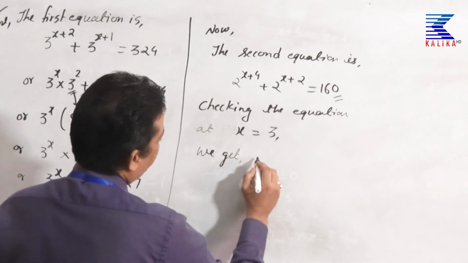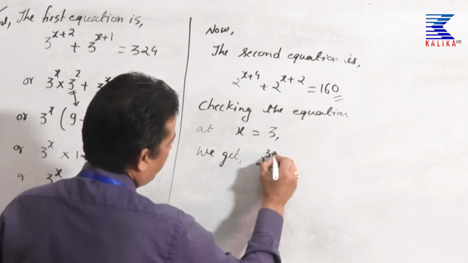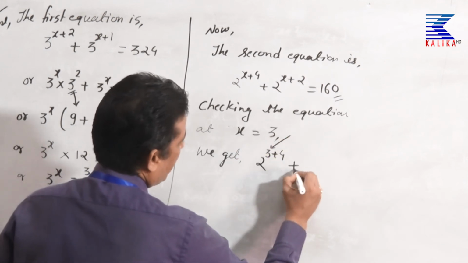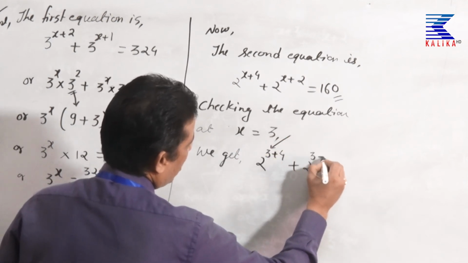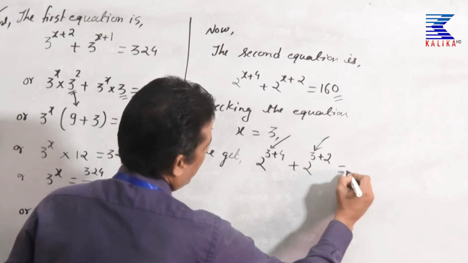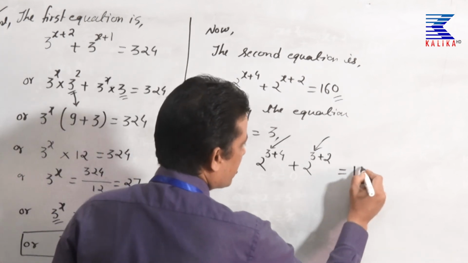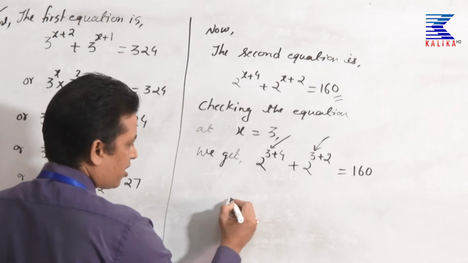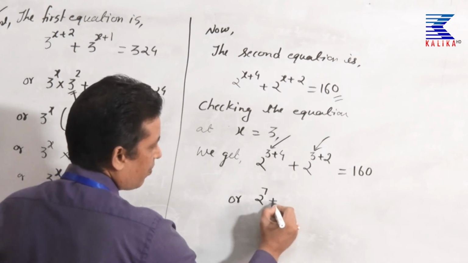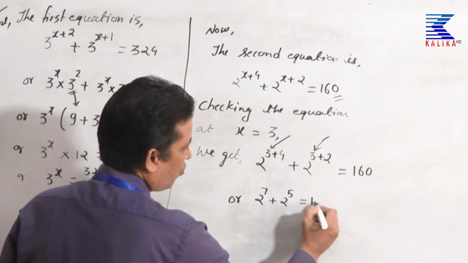We get 2^(3+4) plus 2^(3+2) is equal to 160. That is, 2^7 plus 2^5 is equal to 160.